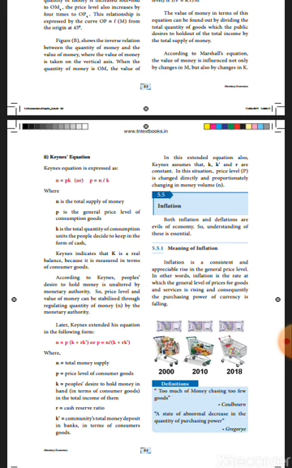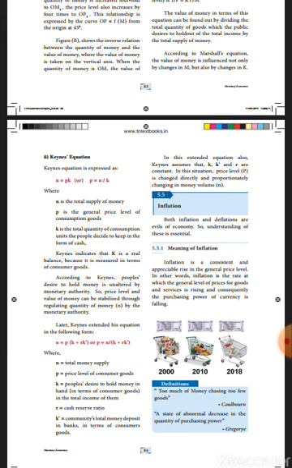Now we are going to see the meaning of inflation. Inflation is a consistent and appreciable rise in the general price level. Price level increases, and also the purchasing power of currency is falling. Price level will increase, the value of money will fall.